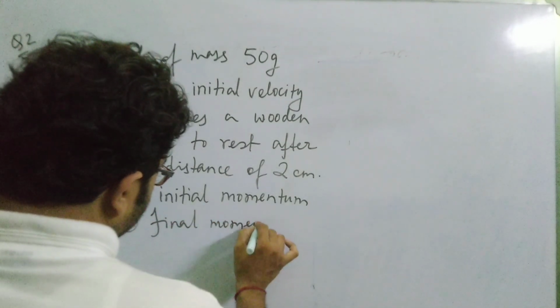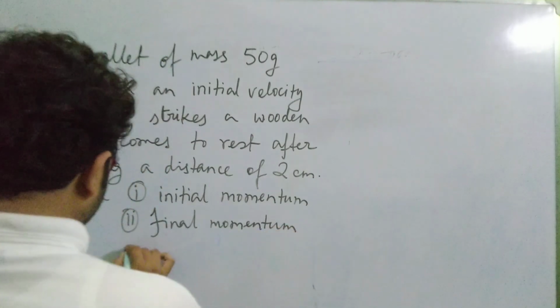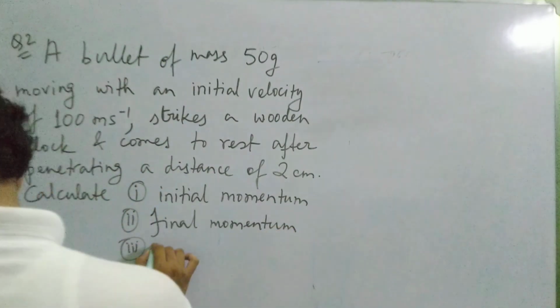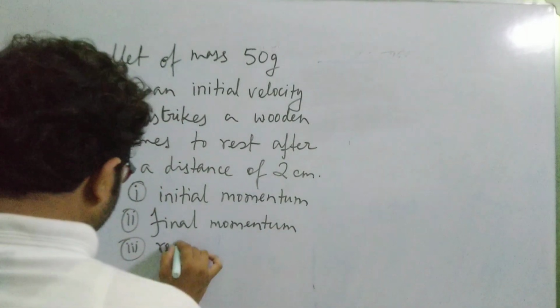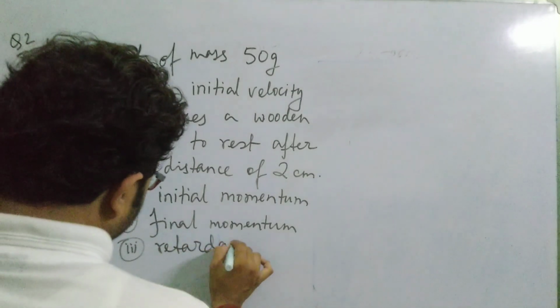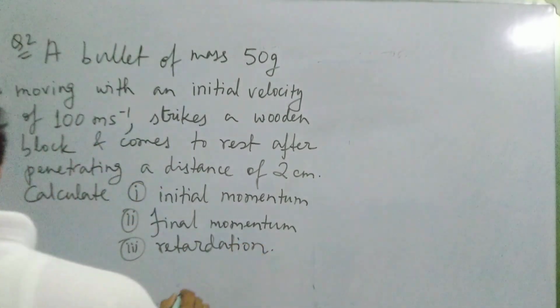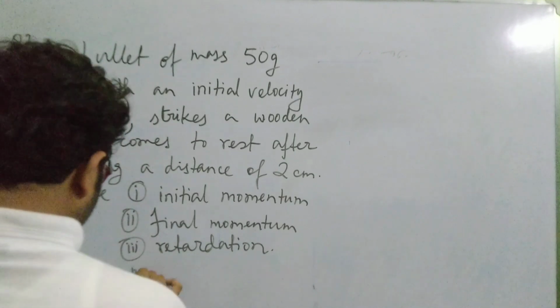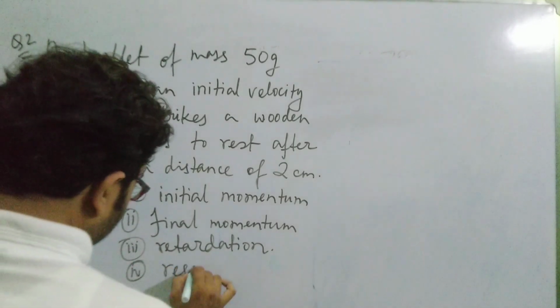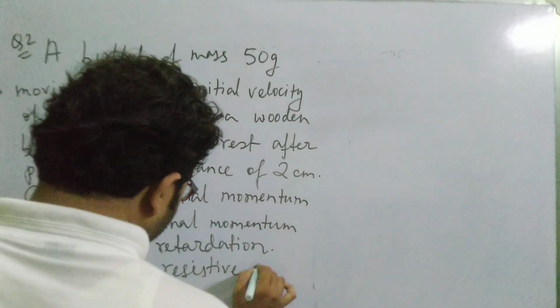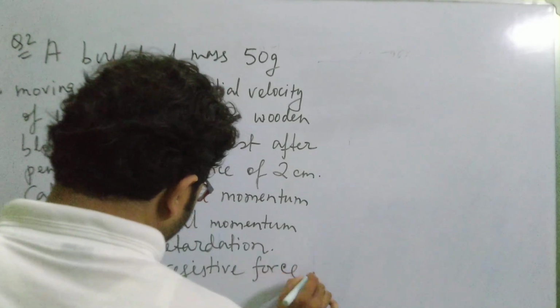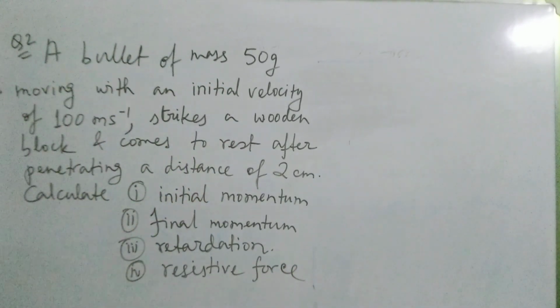Third part is the retardation caused by the wooden block. And the fourth part says the resistive force exerted by the wooden block. So these are the given informations. Fine. So this is the problem, and this is what you have to find out.